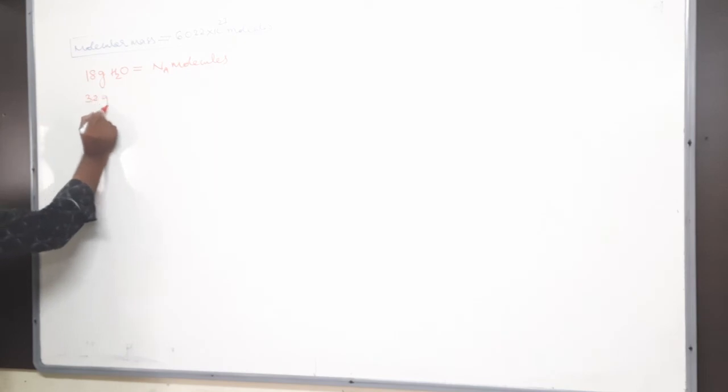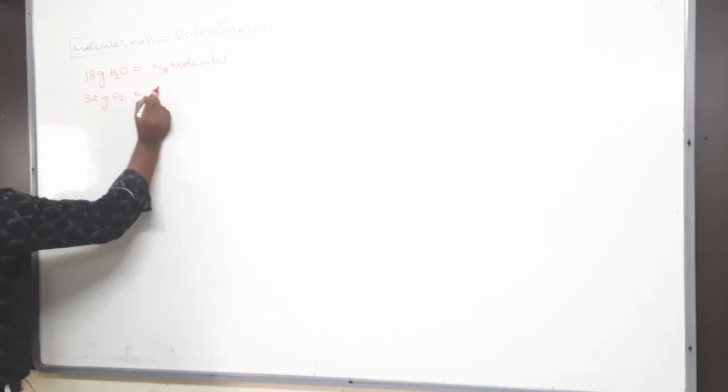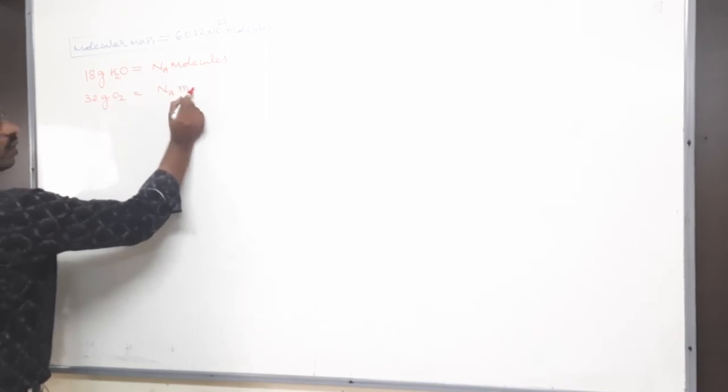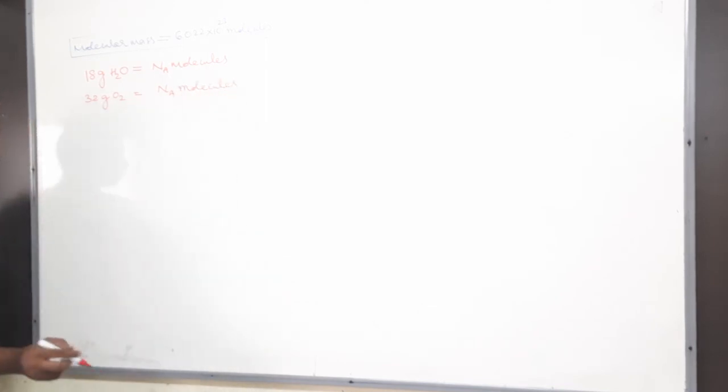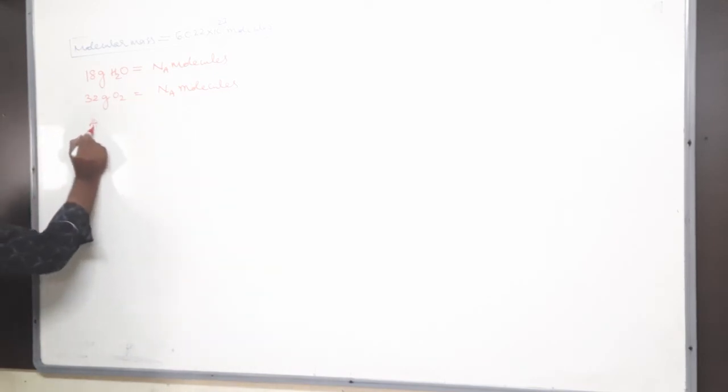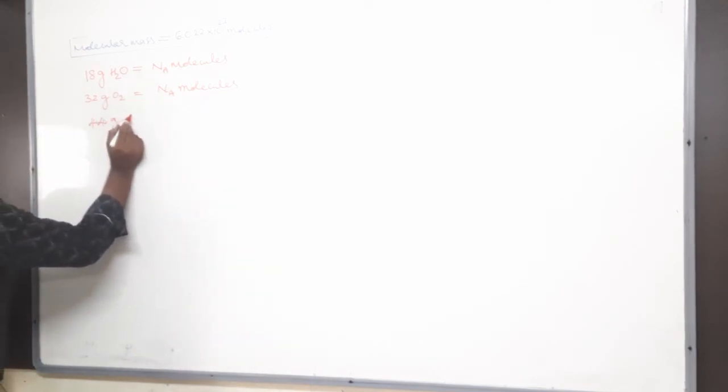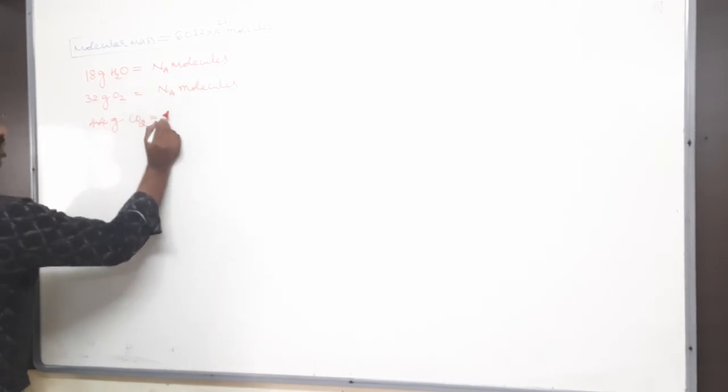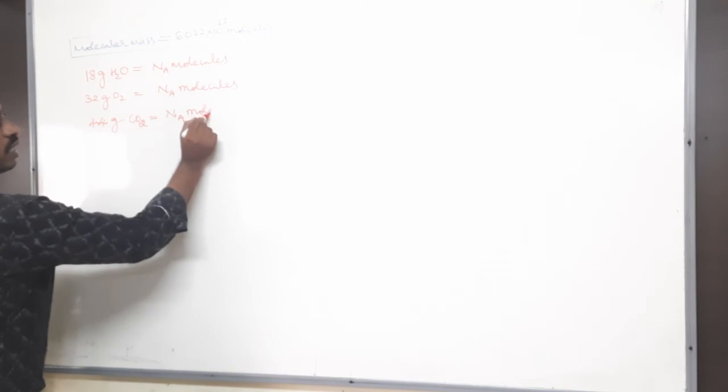What is the gram molecular mass of oxygen? 32 grams. 32 gram O2 is equal to Avogadro number of oxygen molecules. The molecular mass of CO2 is 44, gram molecular mass 44 grams, and 44 grams of CO2 is again Avogadro number of molecules. In this way you can calculate the number of molecules.